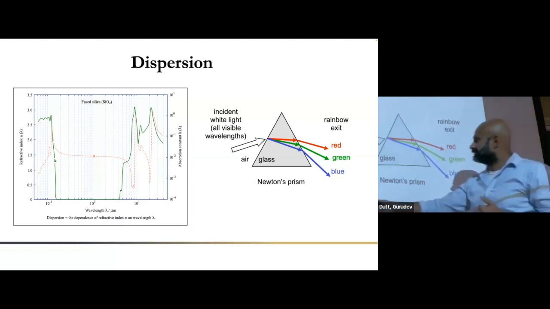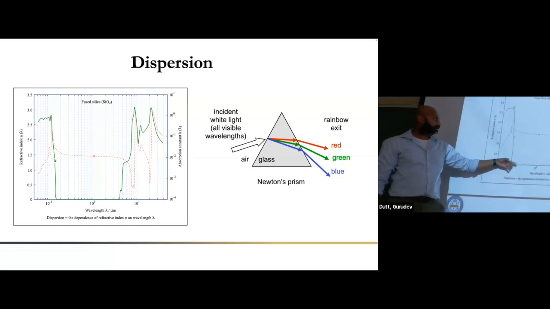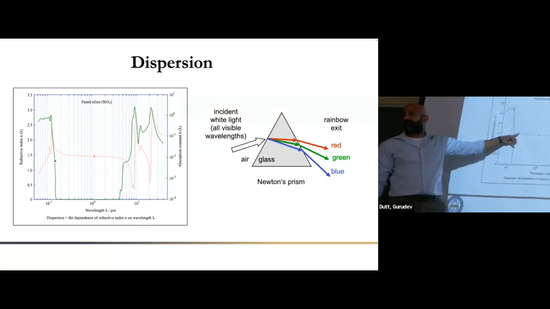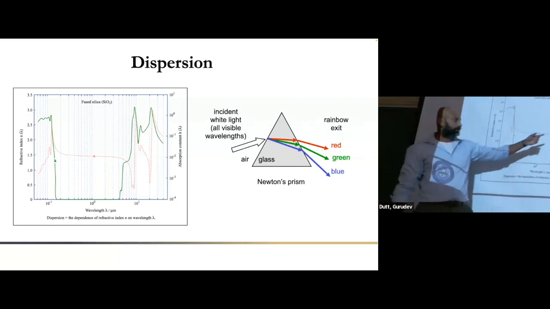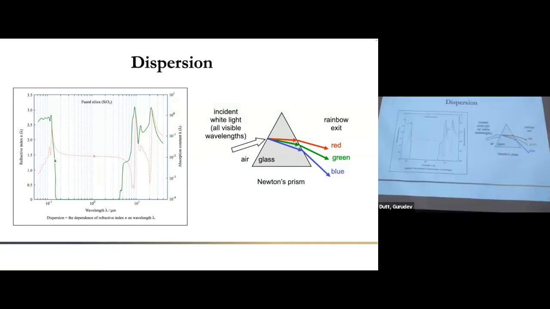That's because, as you can see from this, wavelength increasing is the red wavelengths, and wavelength decreasing is the blue wavelengths over on this side. So the red wavelengths have lesser refractive index, blue wavelengths have greater refractive index, and that's why you can see higher angles by which these red, green, and blue wavelengths differ.